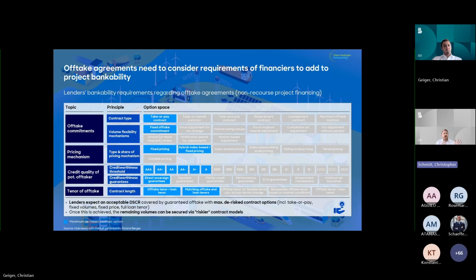So if you have a portion of the volumes that your project produces that meets those criteria, and that is sufficient to pay back the loan, then for the remaining volumes, should there be any, you can venture into, let's say, more risky contract configurations, because then the bank no longer cares because they are covered. So in practice, you might have different configurations, different terms with different offtakers. The important thing for the bank is that the overall architecture ensures that they get the loan repaid.